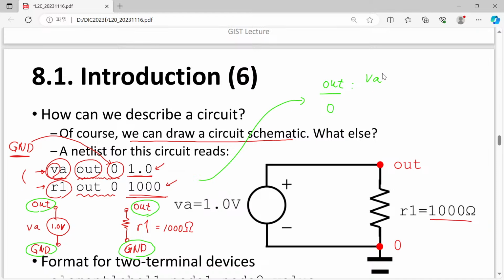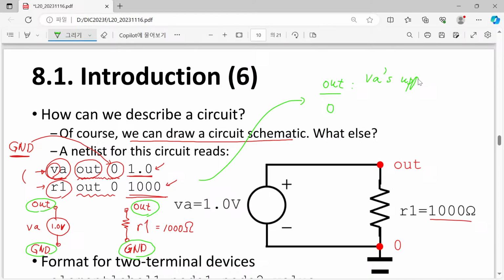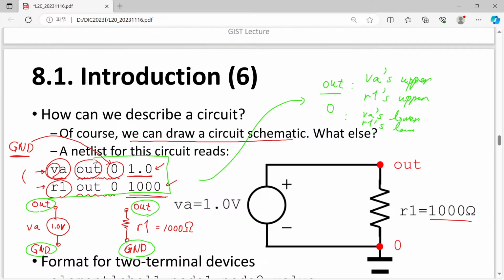Okay, VA's upper terminal is connected, and R1's upper terminal is connected. In the case of ground, it also performs such consideration. So as just a user, you don't have to explicitly consider this node consideration.